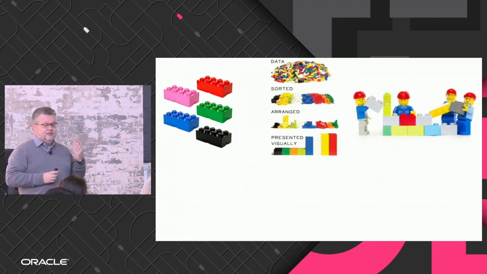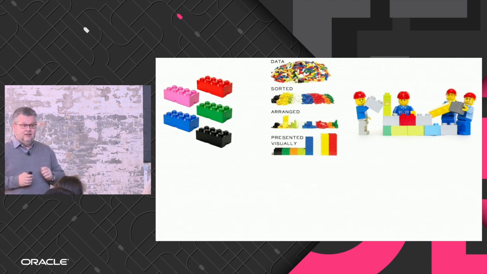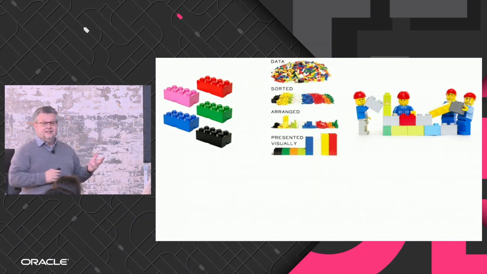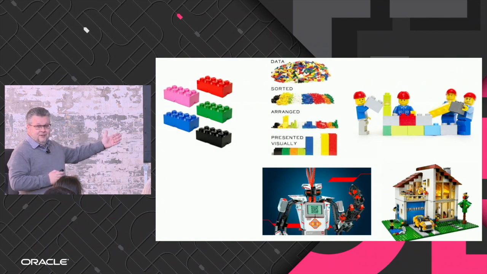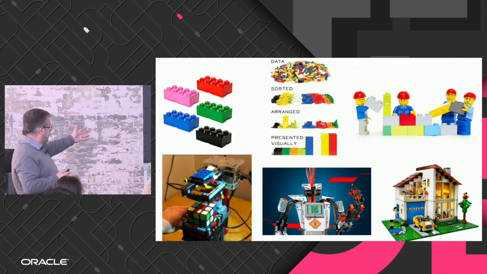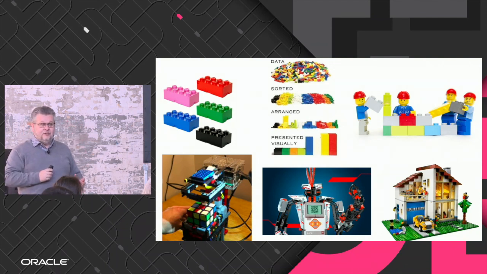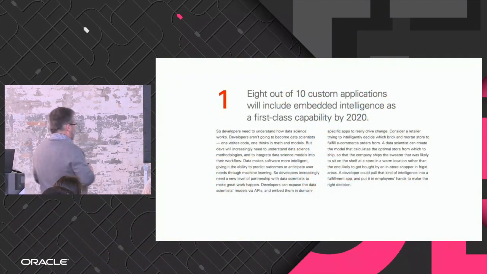But the real value is when we start taking the different components from that kind of sorting and start building some useful products. Now we can build something nice and simple, or something a little bit more complex. But we have the same kind of tools that we're using to build that house, used to build something more complicated, integrated with a Raspberry Pi, where the infrastructure is built out of Lego doing sorting of a Rubik's Cube. We're still using the same components, but it's about how we actually go about using it.